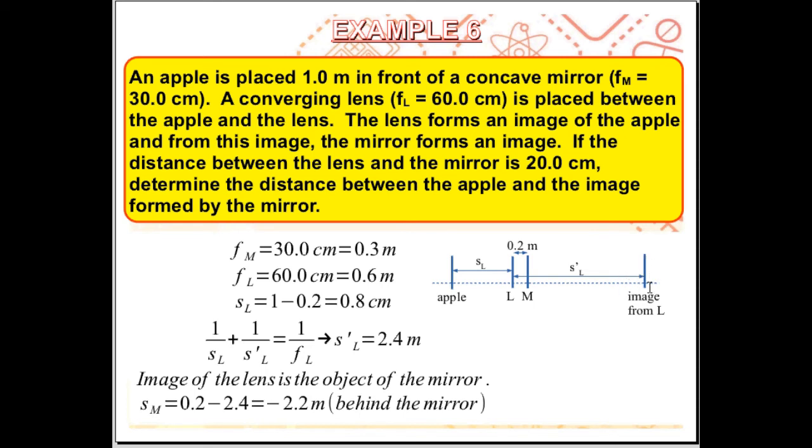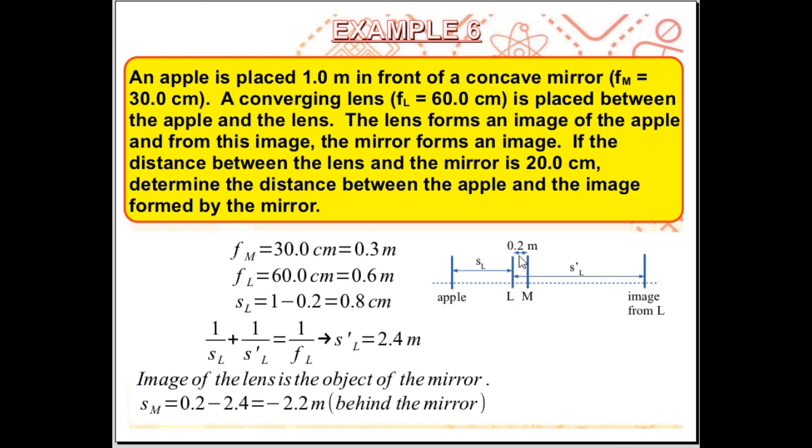This image will be the object that is seen by the mirror. Notice that as far as the mirror is concerned, the object is behind the mirror, so object distance should be negative. 2.4 meters from the lens to the image, which is the object of the mirror.